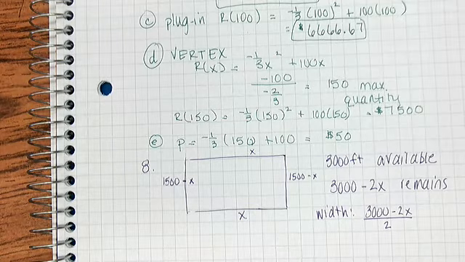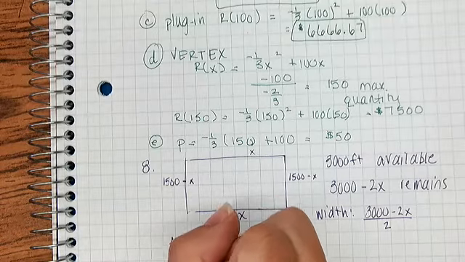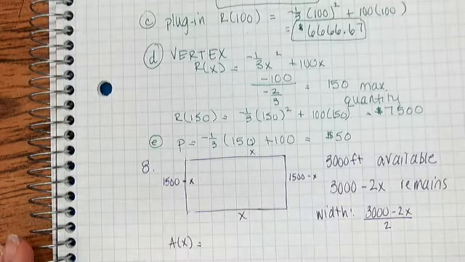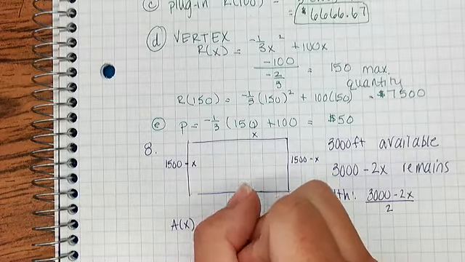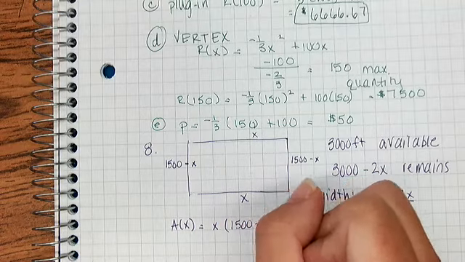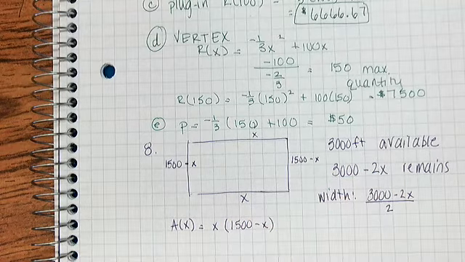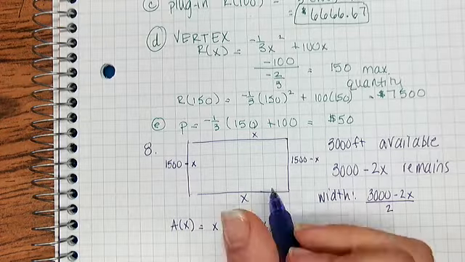So it says express the area. Area is length times width, so x times 1500 minus x. You can leave it that way, it's totally fine. For what value of x is the area largest?